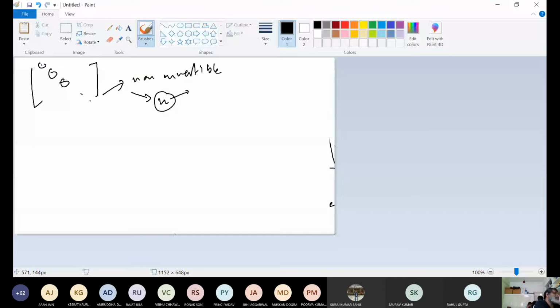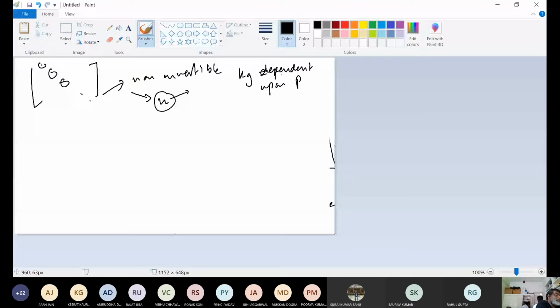Fantastic. Now, your Kg, which is your geometric stiffness matrix, is dependent upon your axial force P. Are we okay with this? Okay.